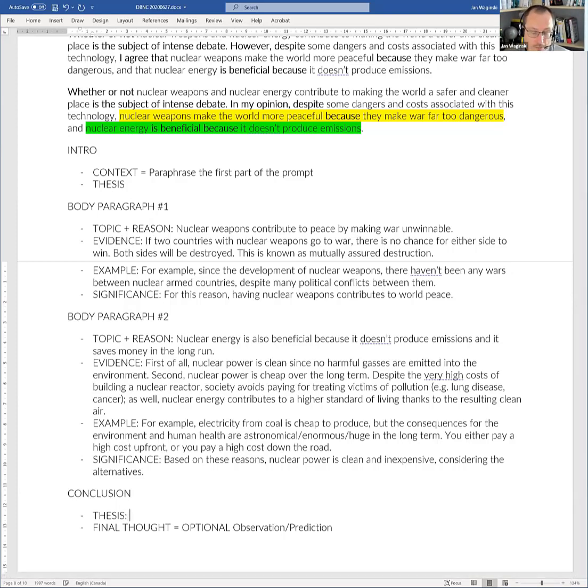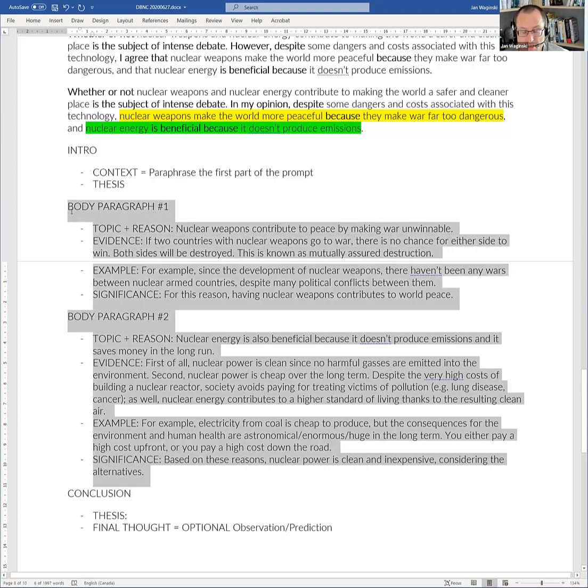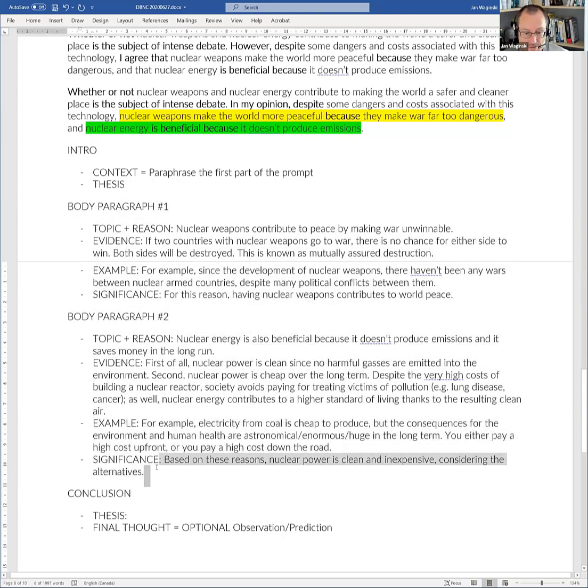In this case, where your thesis is 2 sentences, don't bother with a final thought. In the IELTS rubric, there's no marks for this. So if you're coming up short, you might want to put that in, but again, most of your development needs to be in the body paragraphs. That's where the examiner is looking for your ideas.